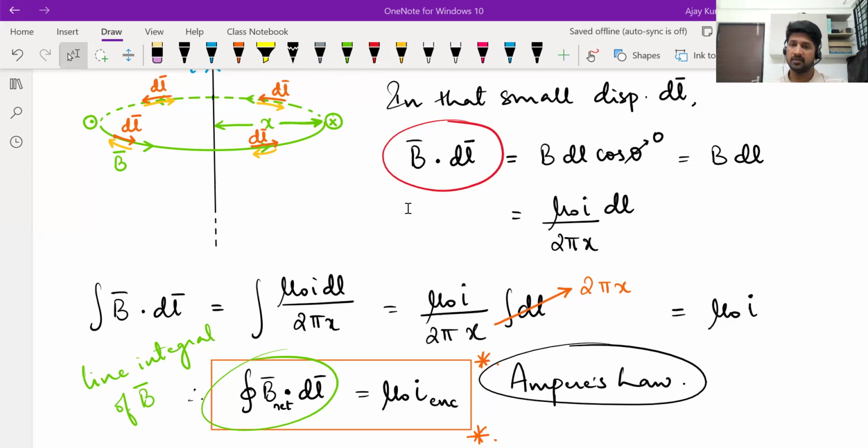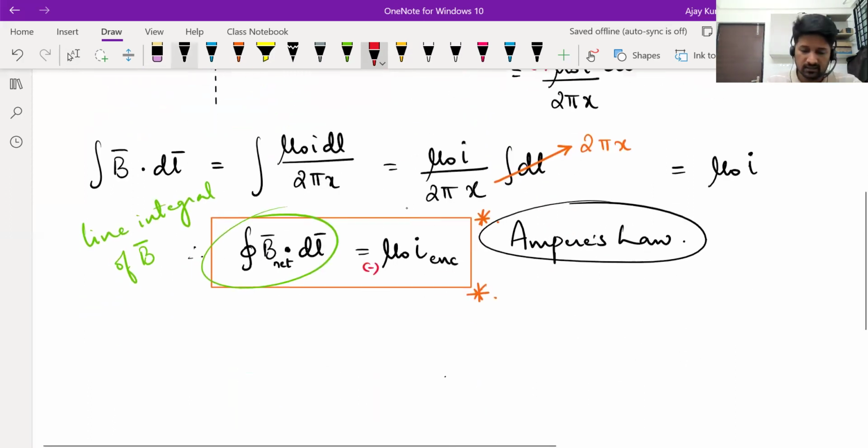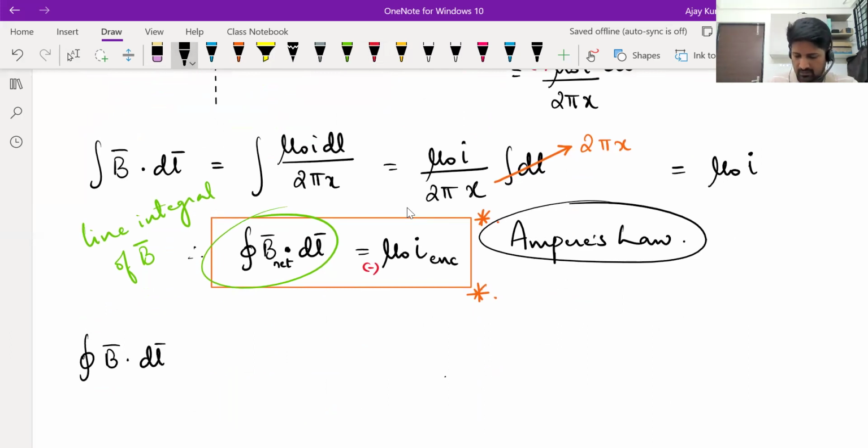Minus 1. Then you will get a minus sign here, and you adjust everything. Finally, you will also get a minus sign. Okay. So the closed integral B dot dl is actually plus or minus mu naught into I enclosed, depending on the way you move along the loop.